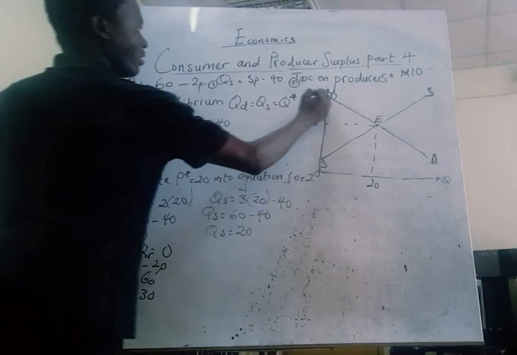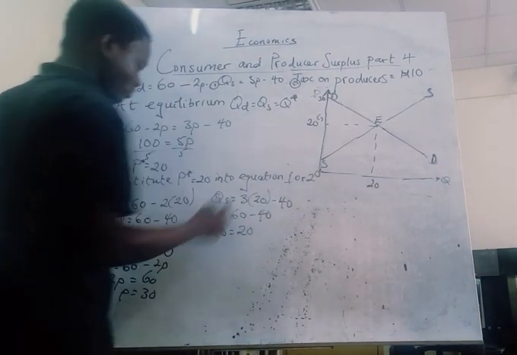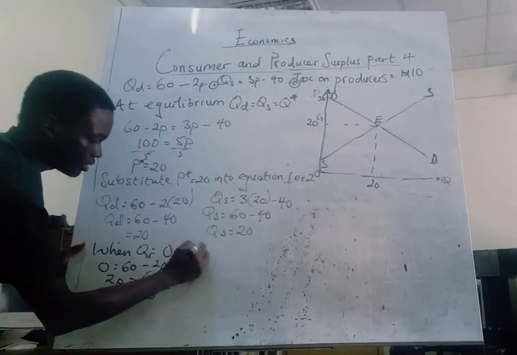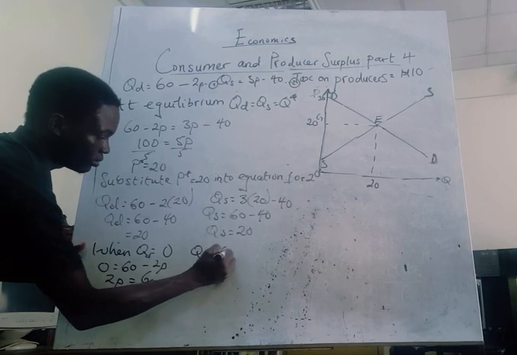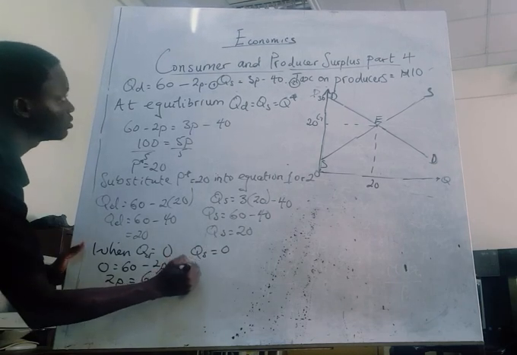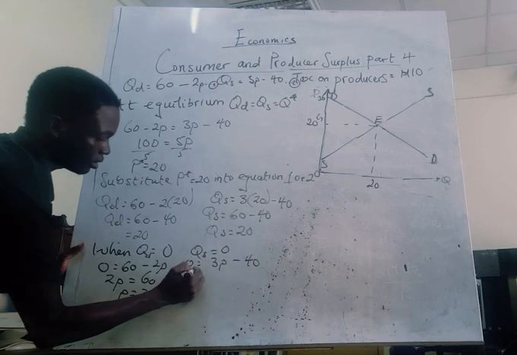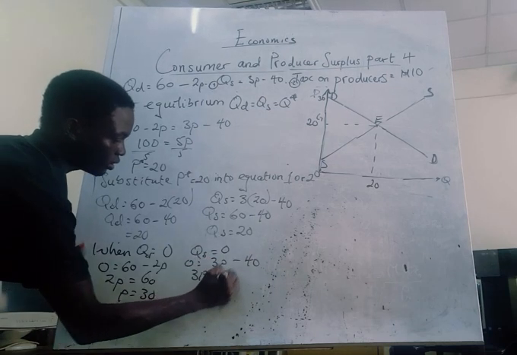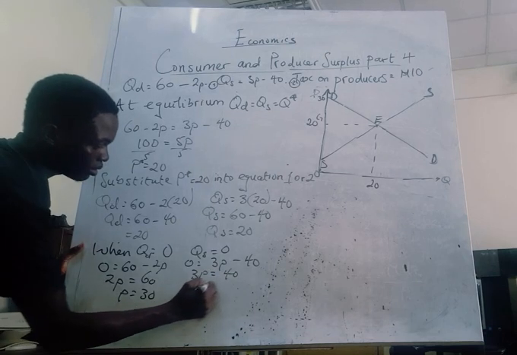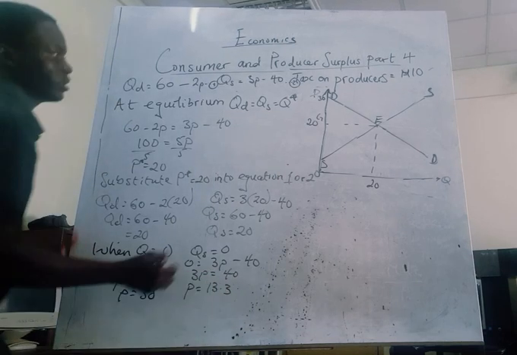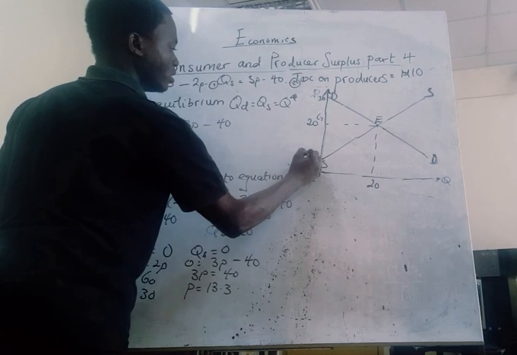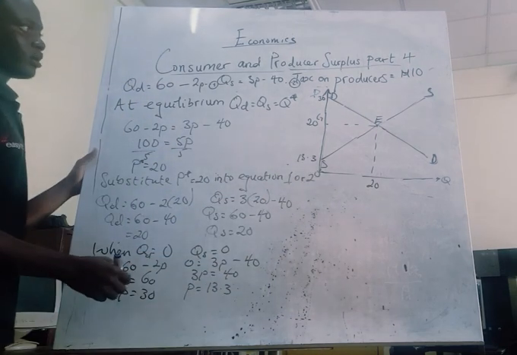So that means we have 30 here. What happens when QS equals 0? So when QS equals 0, we have 0 equals 3p minus 40, 3p equals 40, and then p is equal to 13.3. Now we can calculate our consumer surplus.